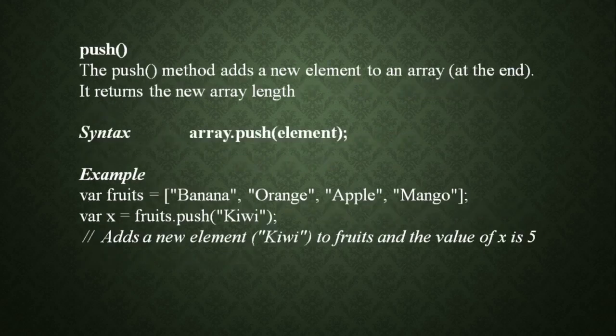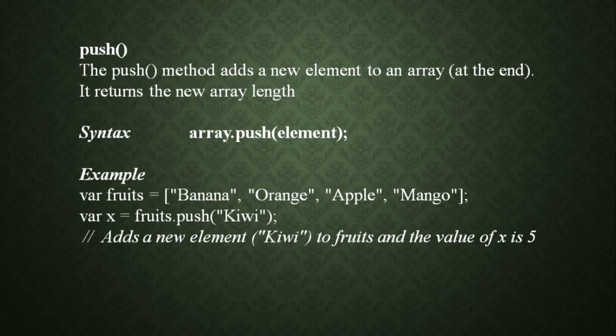In the previous method, we removed an element. For adding a new element at the end of an array, it means once we have assigned values, elements in the array, and then we want to add a new one, we use the push method. array.push(element).